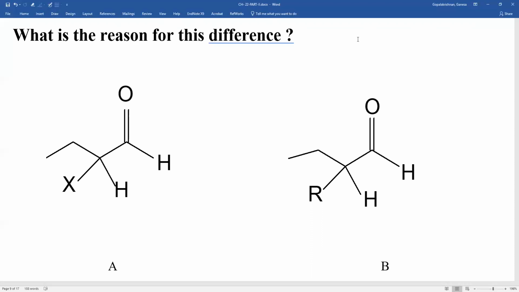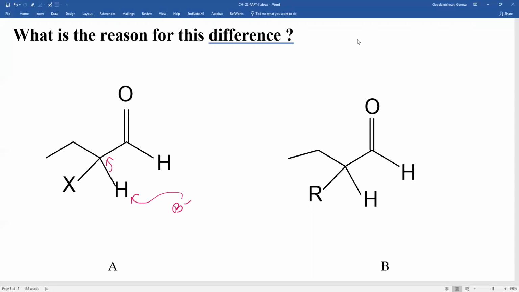Look at the product of substitution. After mono substitution, this is also going to, if you put the base, it can abstract it and flip it, and then that can go. So it can be substituted again.